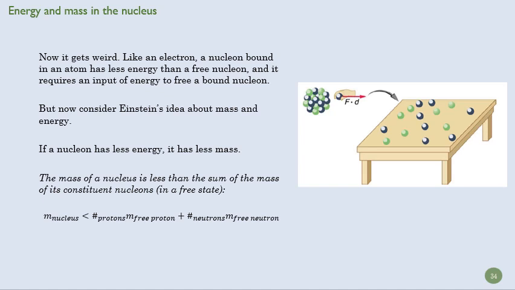So if we take the mass of a free proton and multiply it by the number of protons, and take the mass of a free neutron, multiply it by the number of neutrons, we would expect that would be the mass of the nucleus, right? Well, it turns out that the mass of the nucleus is less than that number. And that difference there is a significant amount of energy.